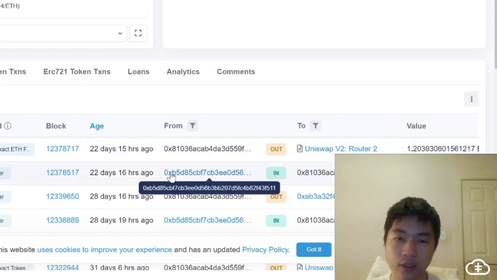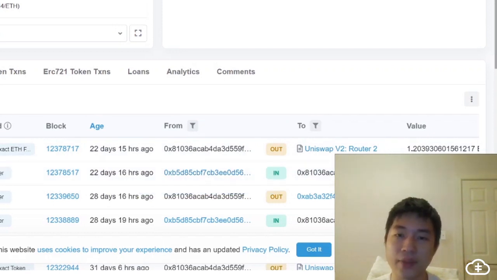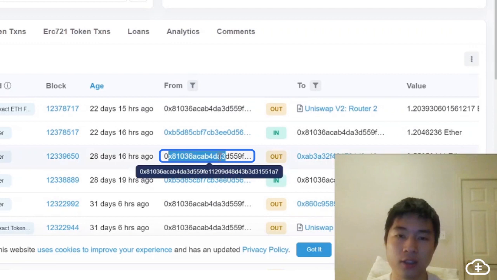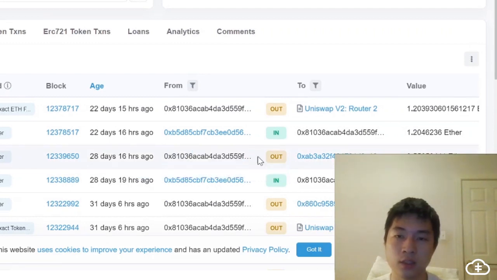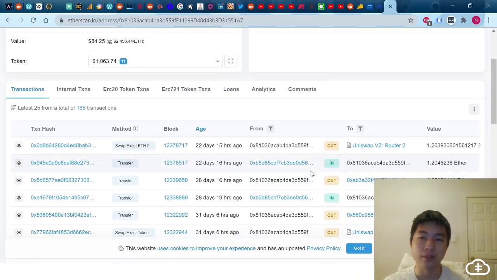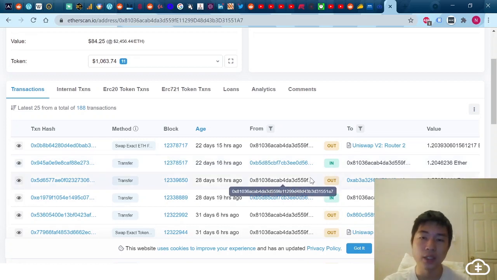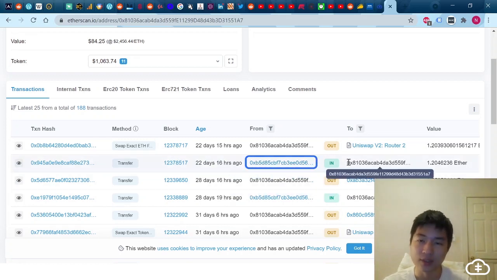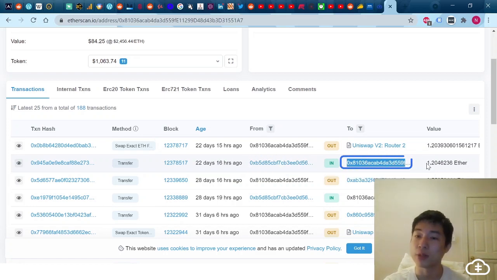And this is some of the places where I've received money from, crypto transactions that come my way. You can see it goes from this address to this address, which is my own personal address.